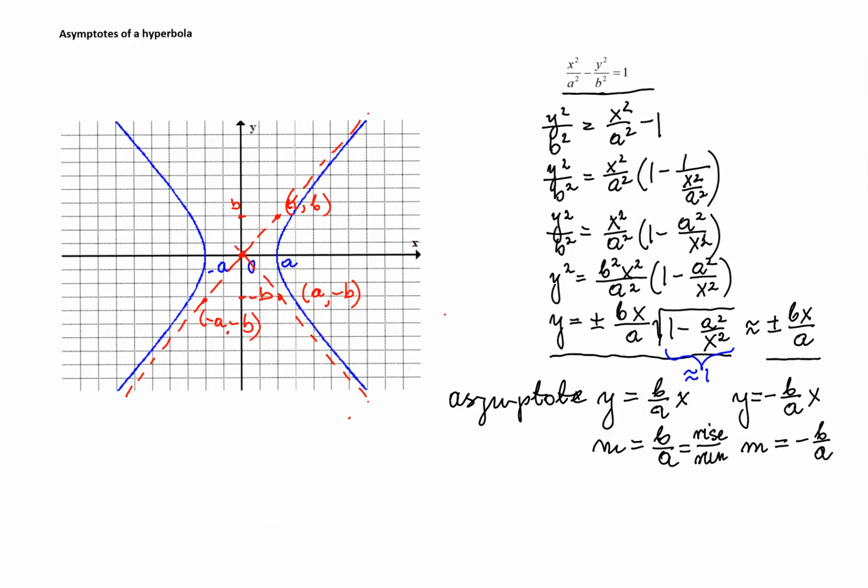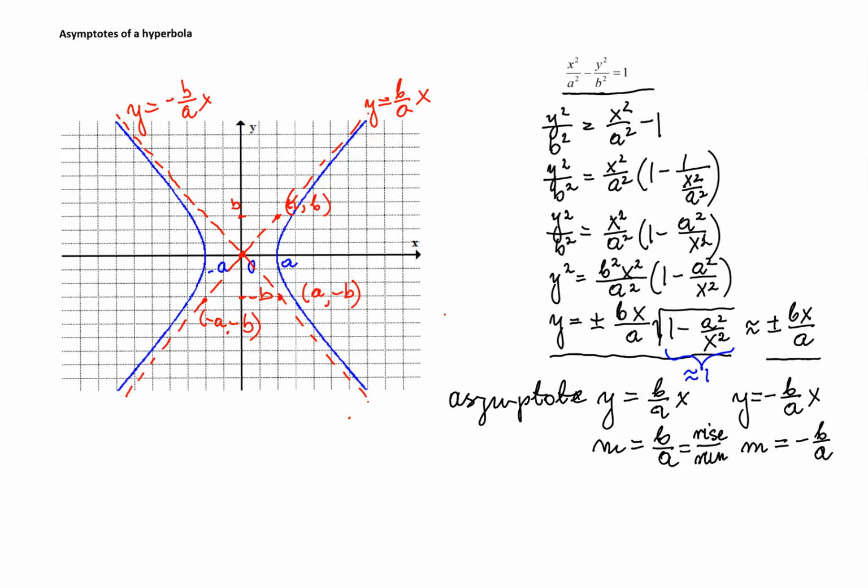Once we have those lines, you can see that indeed the graph of the function approaches those lines. The first line was the line with the slope b over a, and the second one was the line with slope negative b over a. So as you can see, the value of b is used here to draw those asymptotes.